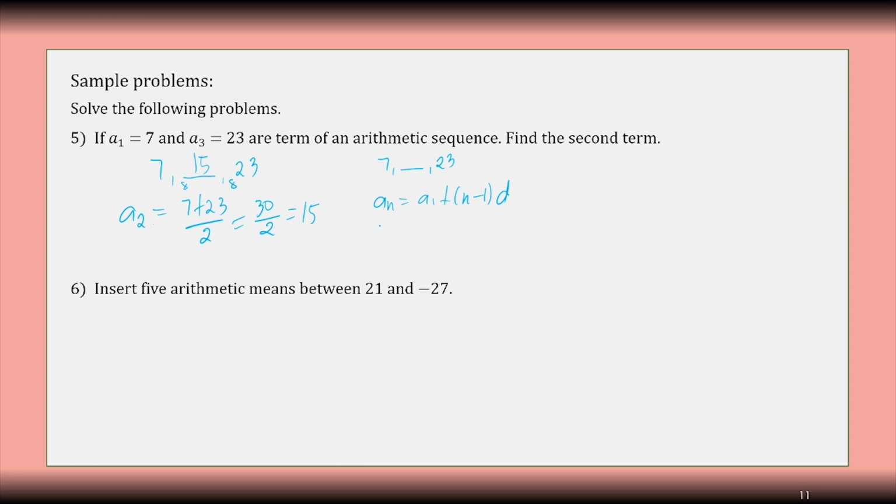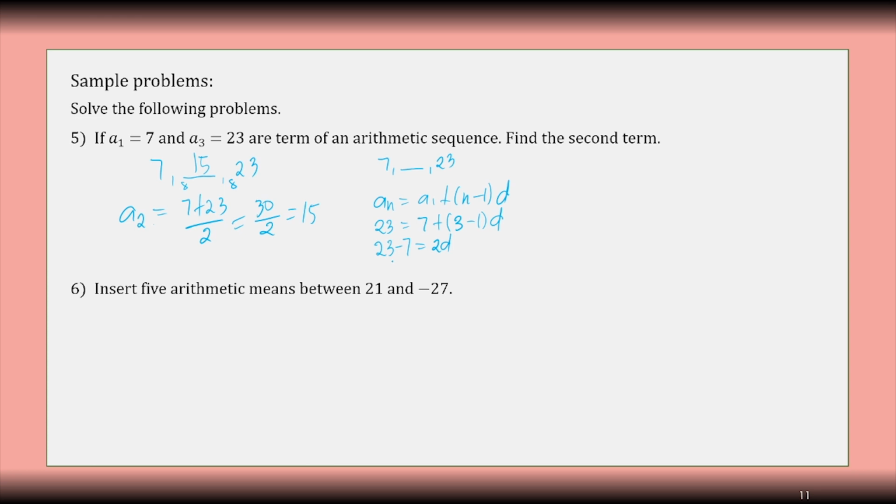Ang third term natin dito is 23. A sub 1 is 7. Then the value of n, so ilang bang terms meron tayo? So 3 kasi nag-insert tayo na isa. Minus 1 times the common difference. Unknown pa ating common difference. So 23 minus transpose natin yung 7 is equal to 3 minus 1 is 2 times d is 2d.